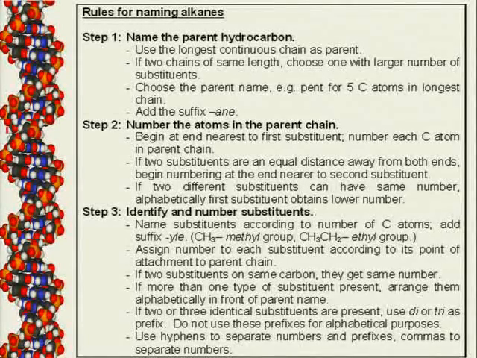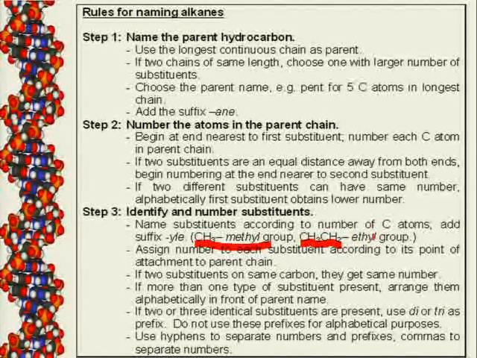All right. Number 3, you identify the number of substituents. If I've got 1 carbon and 3 hydrogens, then my substituent will be methyl. And if there are 2 carbons and 5 hydrogens, then my substituent there would be ethyl.